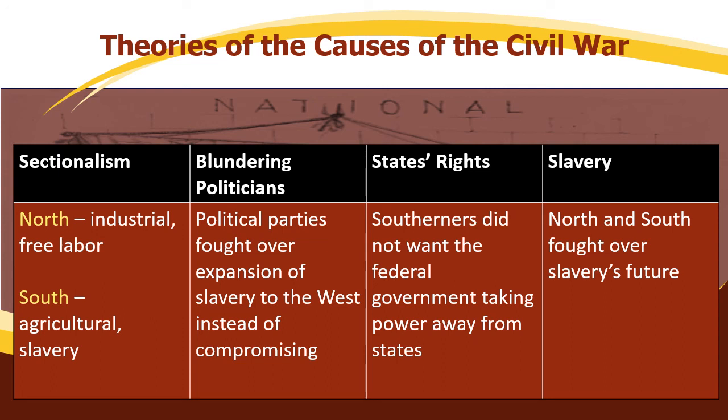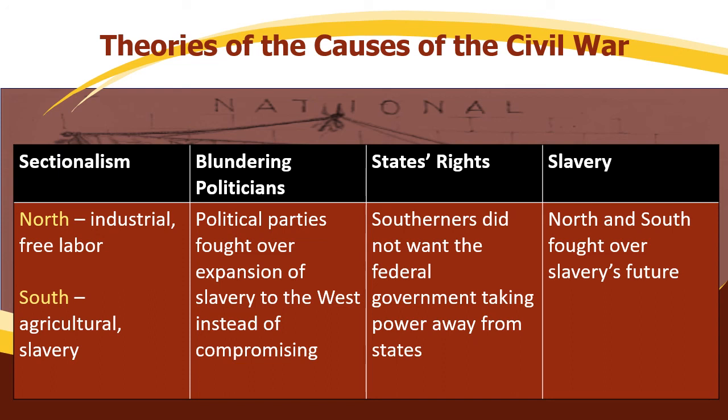It says that the North and the South are really fighting over the future of slavery. Will the United States be half slave and half free? What will be the legal and constitutional future of the ownership of human beings? Many historians today point out that if you took away slavery, you couldn't have gotten to a civil war.